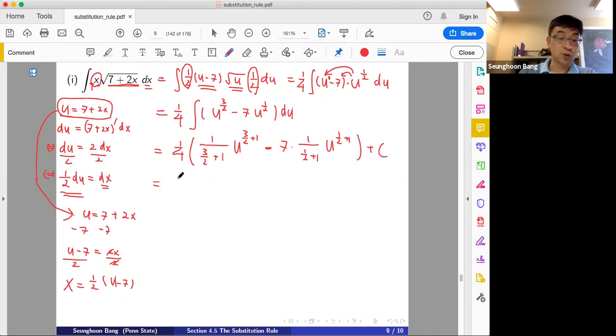Keep the 1 over 4. The 3 over 2 plus 1 is 5 over 2. Flip it, 2 over 5. 2 over 5 u to the 5 over 2. Negative 7 times, this is the same, 3 over 2, flip, 2 over 3.